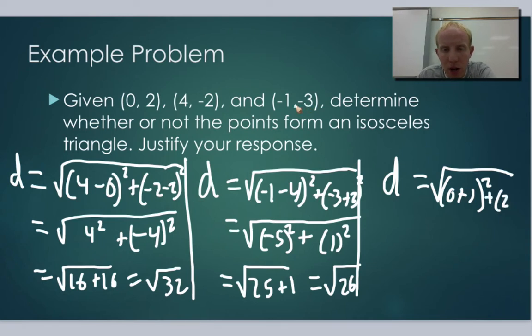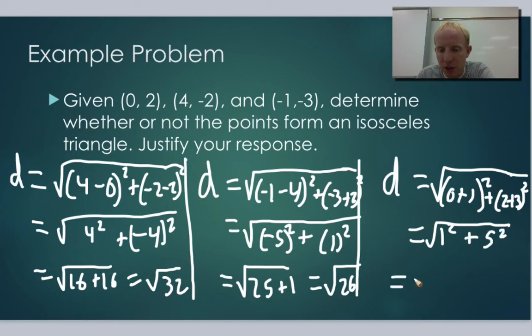And y1 is negative 3, or plus a positive 3 squared. Let's see, 0 plus 1 is going to give us 1 squared. 2 plus 3 is going to give us 5 squared. And we see that we're going to end up with the same thing because we get 1 plus 25, which gives us the square root of 26.